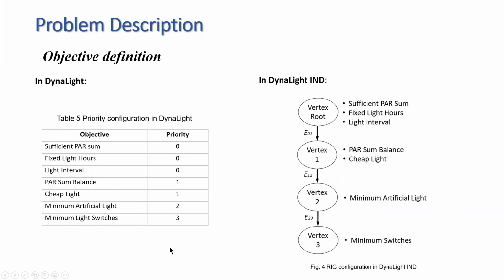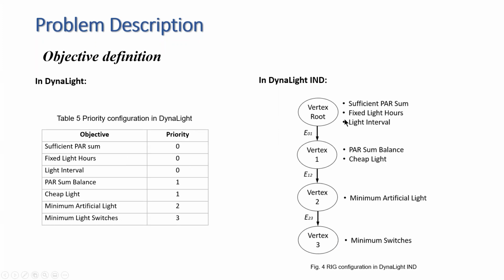So in the two versions, they use different methods to describe such relative importance relations. In the old version, it uses a concept of priority to describe that the smaller the real number is, the higher priority the objectives have. And the objectives with the same number have the same priority.